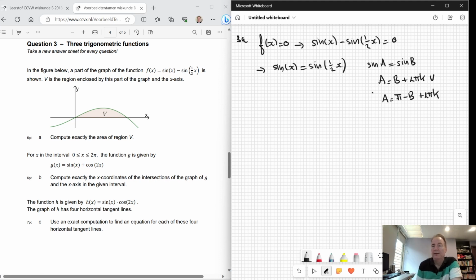Okay, definitely remember this. For the cosine, it's just A would be plus or minus B plus 2 pi k.